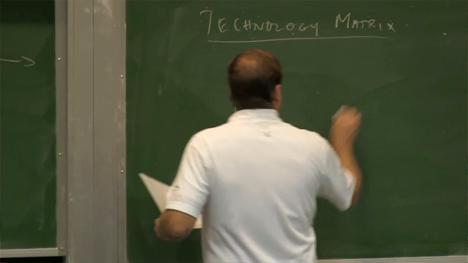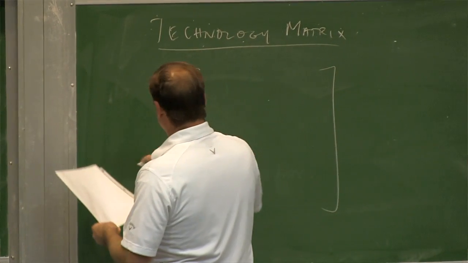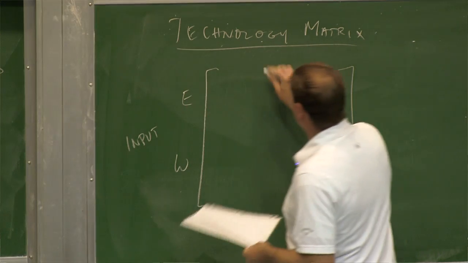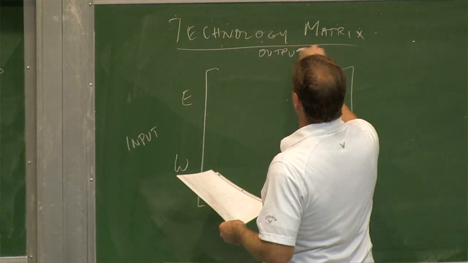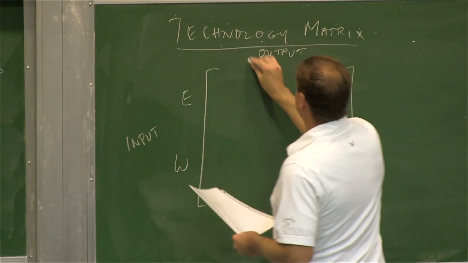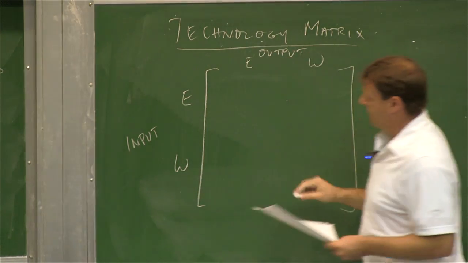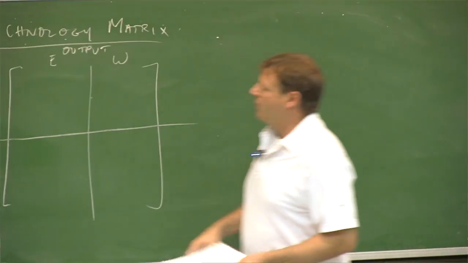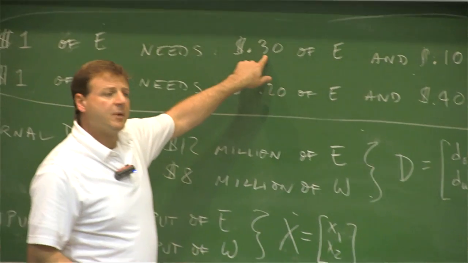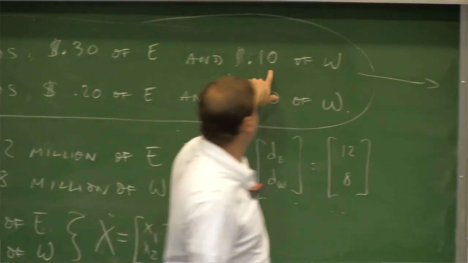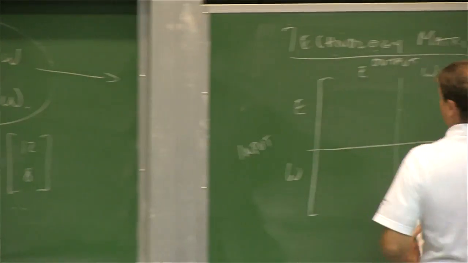Okay, what is this going to be? Well, on this side here, I'll have the input of electricity and water, and up here I'll have the output. That's why it's called input-output analysis. So here I have electricity and water. So what should I put in here? Well, I've got 4 pieces of information. Here's the amount that I need from electricity to make electricity, and here's the amount from water that I need to make $1 of electricity.